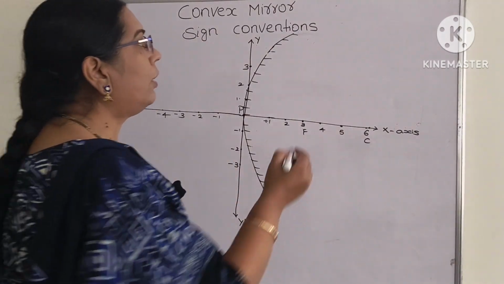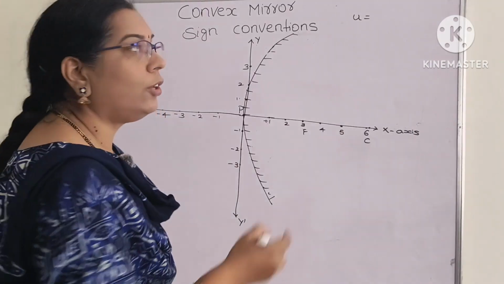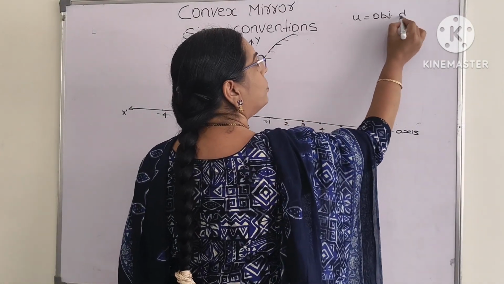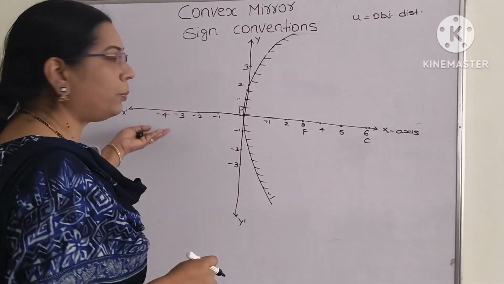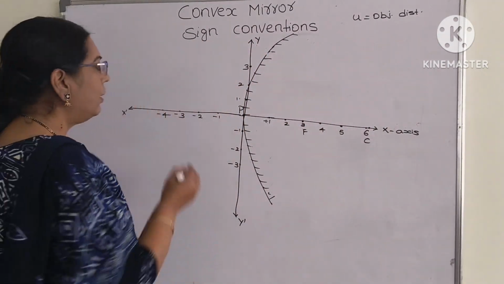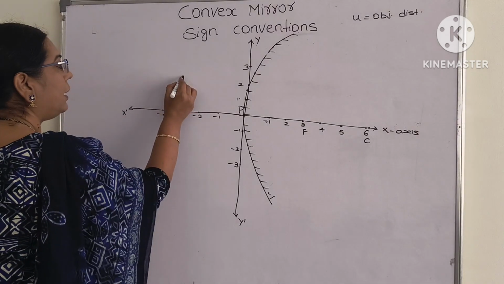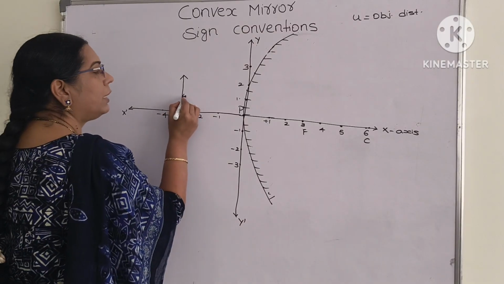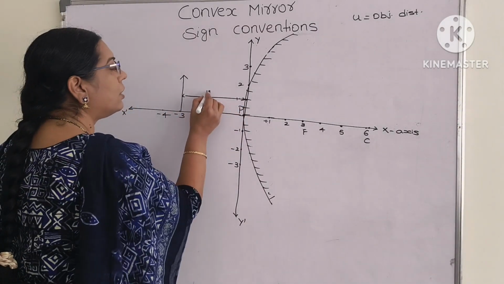Now, in order for us to know what signs u will take: u is object distance, children. We all know the object should be placed in front of the mirror. So, let me say the object is placed here. By definition, the distance from the object to the mirror is called u.